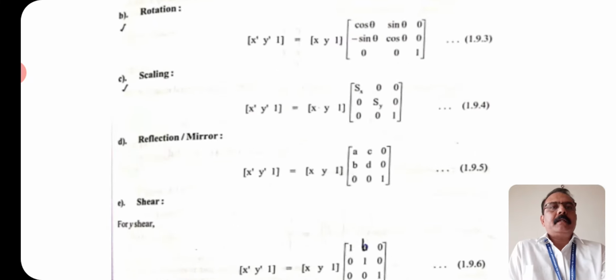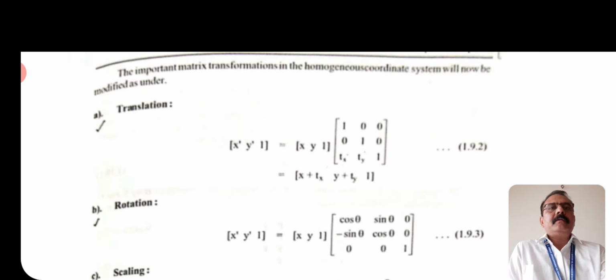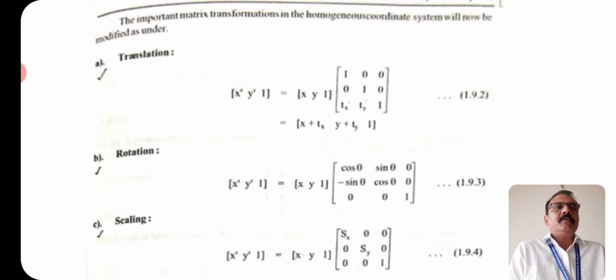Some of the important transformations in homogeneous coordinate systems are, first, translation. Matrix x dash y dash 1 is equal to the initial matrix x comma y comma 1 times the matrix 1 0 0, 0 1 0, tx ty 1. You just have to convert the 2 by 2 matrix into a 3 by 3 matrix.